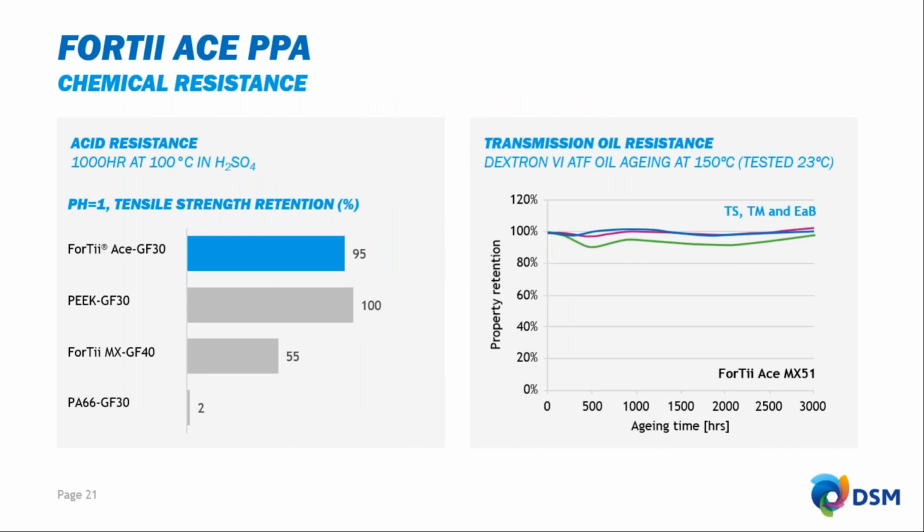The other thing is when we look at chemical resistance, so understanding the 4T ACE, this is some testing that we've done in sulfuric acid for 1,000 hours at 100 degrees C. The 4T ACE product maintains its mechanical properties after aging at that temperature. So it's very, very good from a chemical resistance perspective.